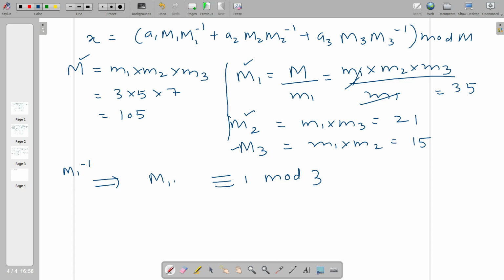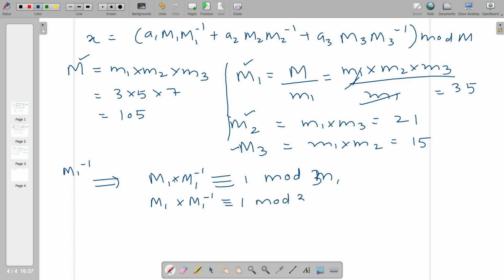Because we know that capital M1 multiplied with capital M1 inverse is going to be 1 mod small m1, which is 1 mod 3.